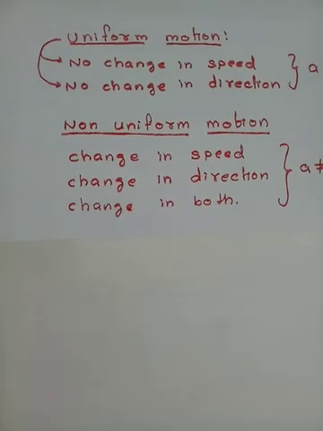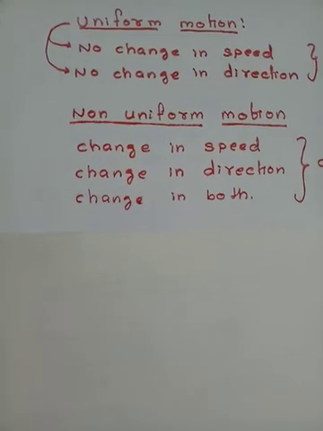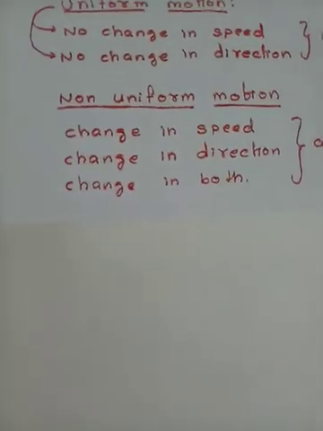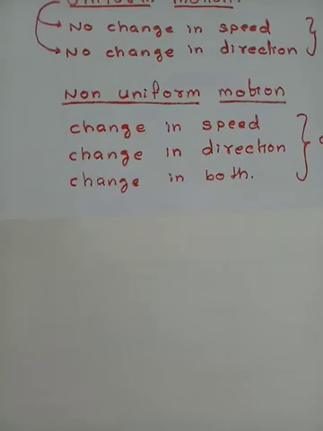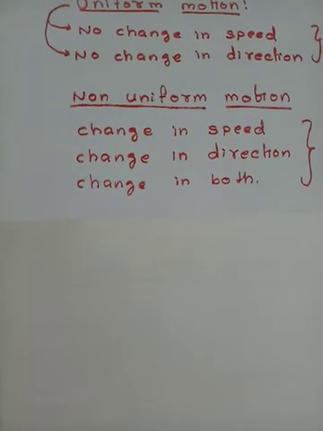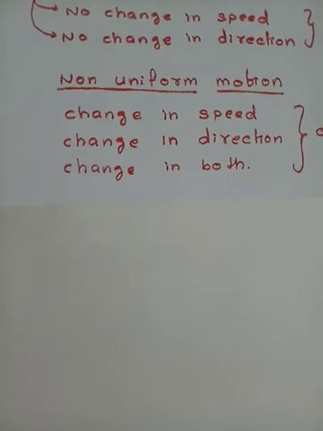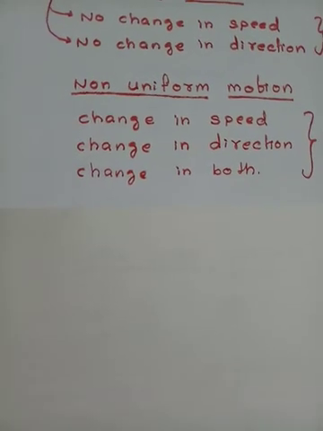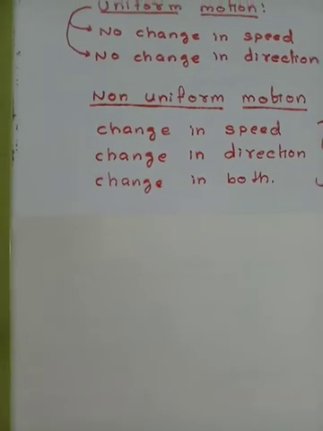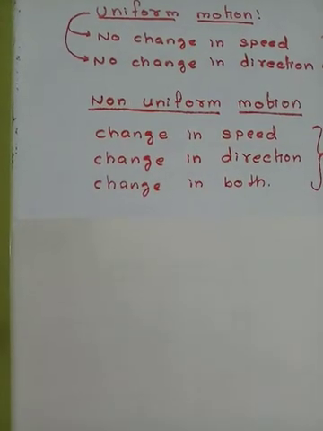But what does it mathematically mean? Physically, it means that if a body is doing non-uniform motion, there is a change in its speed, or a change in its direction, or a change in both speed as well as direction. If any of these things occurs, the motion becomes non-uniform.